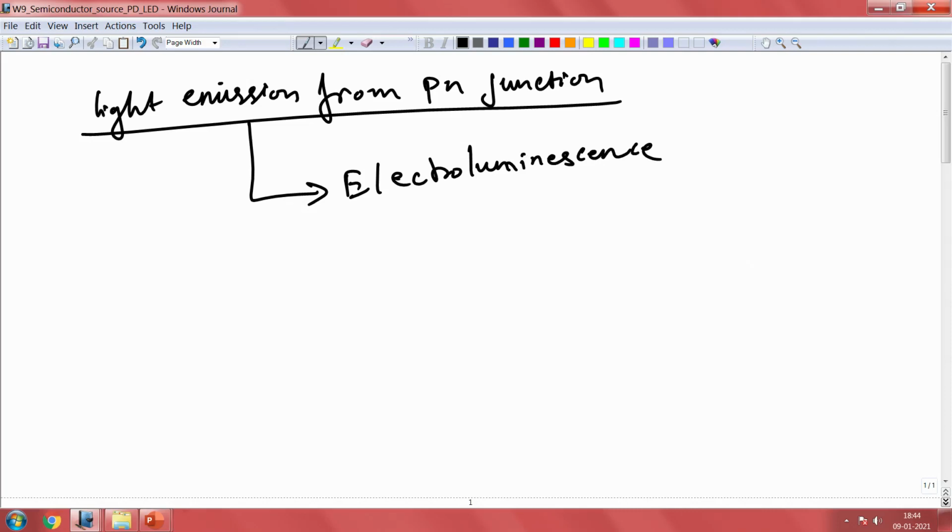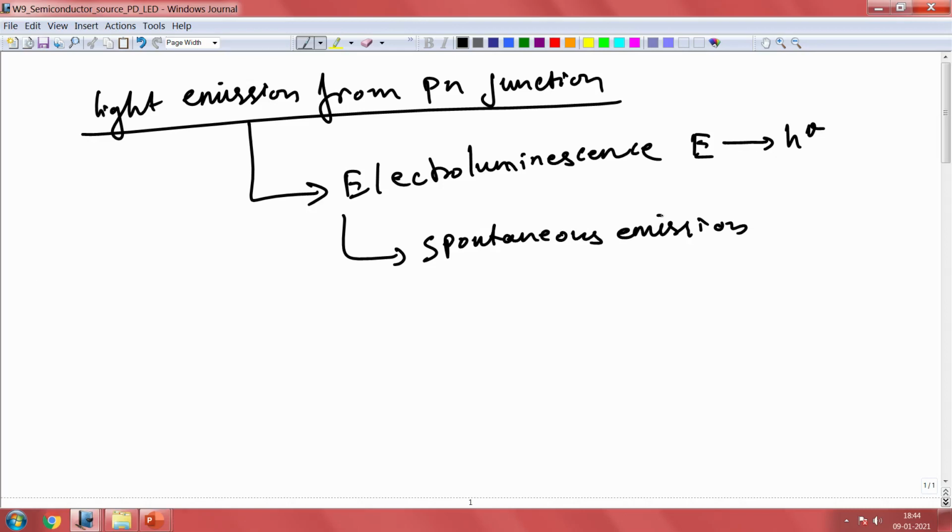So what is electroluminescence? It's basically the input is an electric field, and then the output is a photon coming out. This is primarily achieved through spontaneous emission. The spontaneous emission process is what we use in this case.